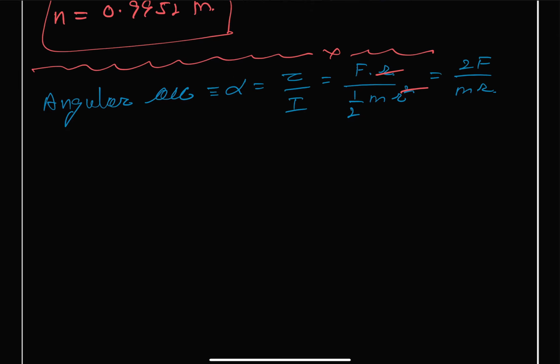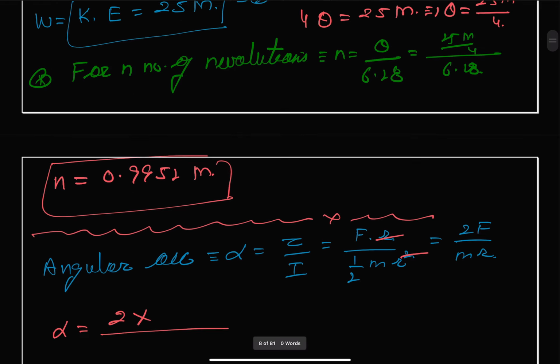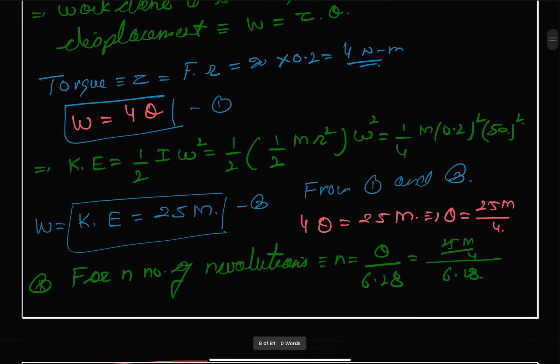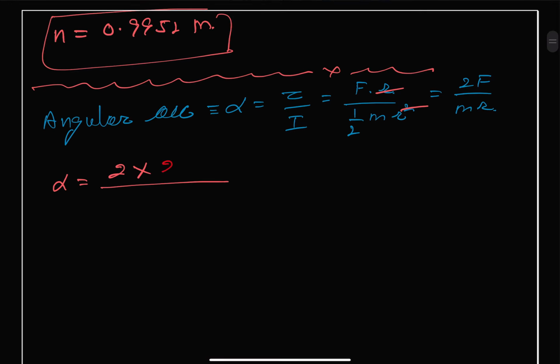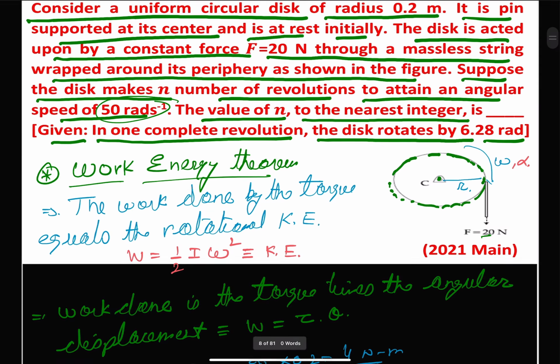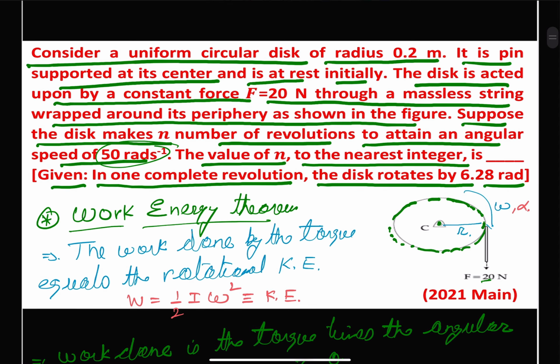Let's substitute the values. We get our alpha is equal to 2 times force, which is our 20 Newton, and mass is given, I think. I think I missed somewhere. Let me check.